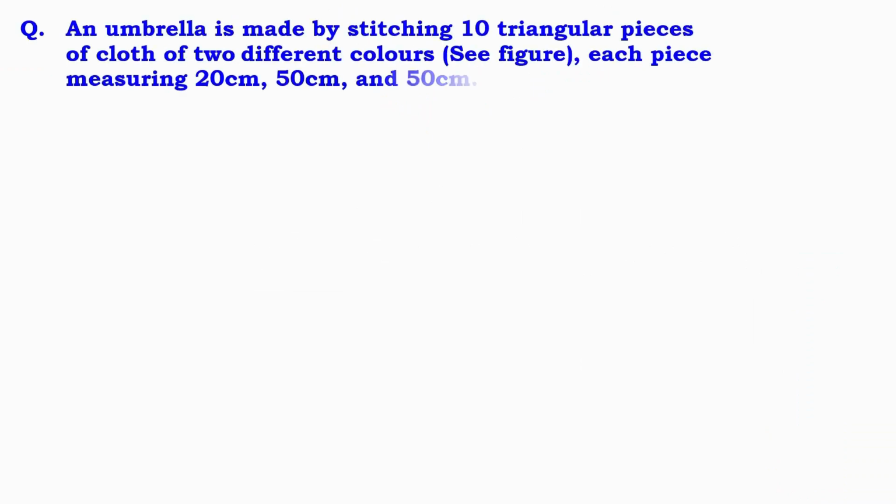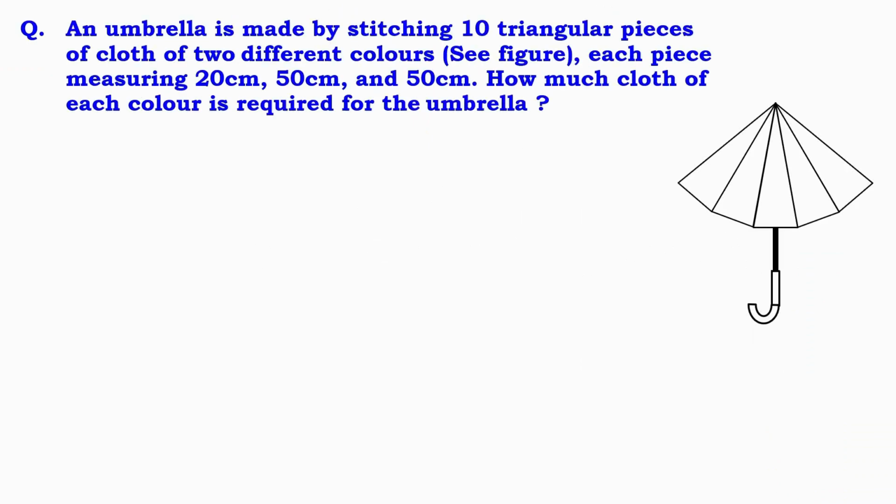The first question is, an umbrella is made by stitching 10 triangular pieces of cloth of two different colors. The figure of the umbrella is given. Each piece measures 20 centimeter, 50 centimeter and 50 centimeter. How much cloth of each color is required for the umbrella?